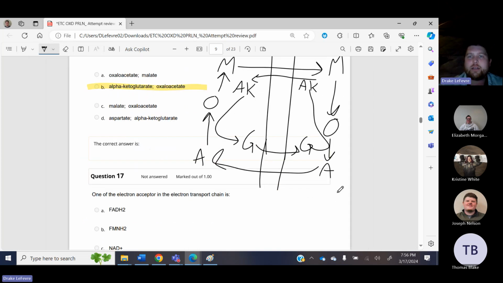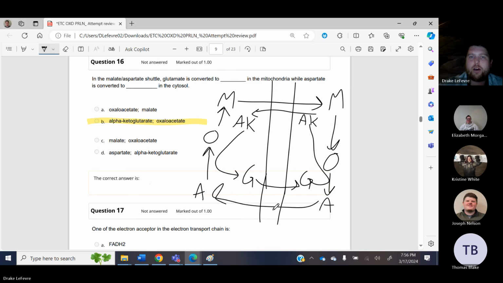If you can draw it like this a couple of times and as long as you understand what it is saying, this takes 10-15 seconds to draw super quickly on a piece of scratch paper, and then you can answer any questions about the malate aspartate shuttle that the test will throw at you.